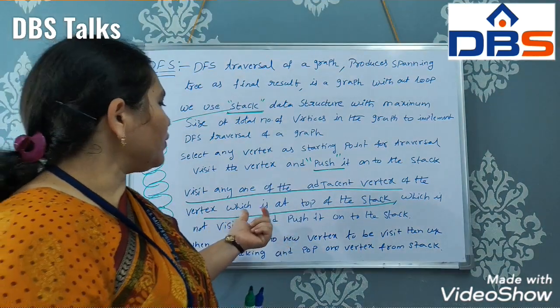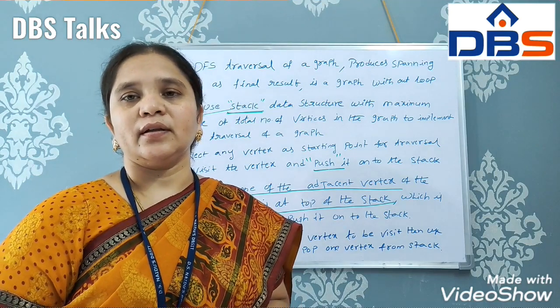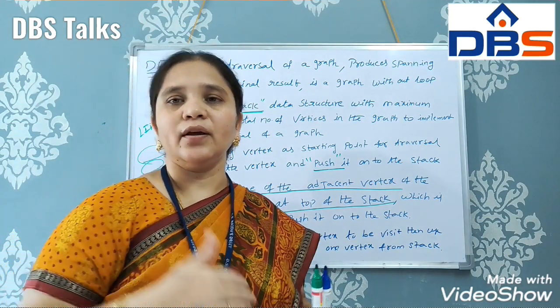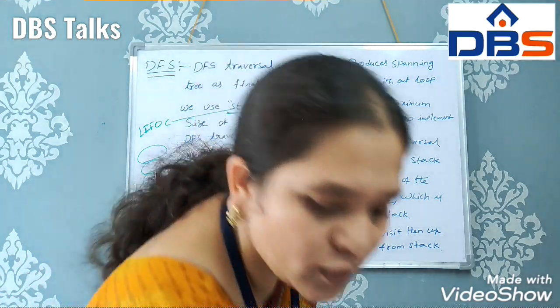If a vertex does not have any adjacent nodes, then we can backtrack from that node and delete it from the stack. So these are the points we need to follow.